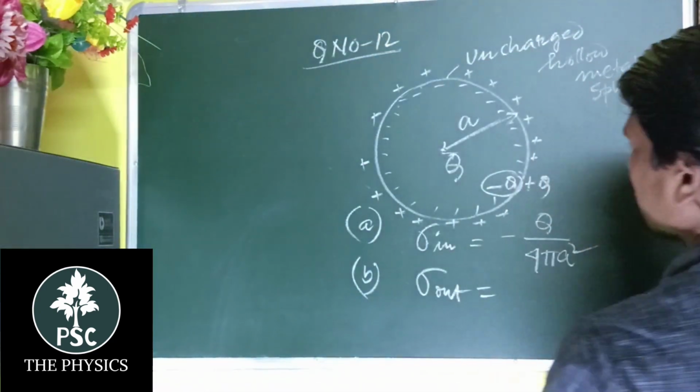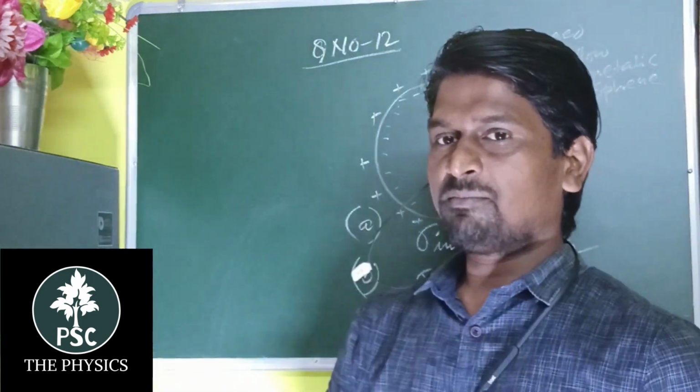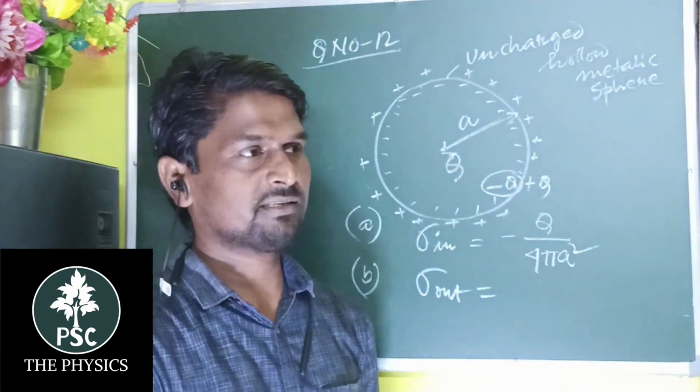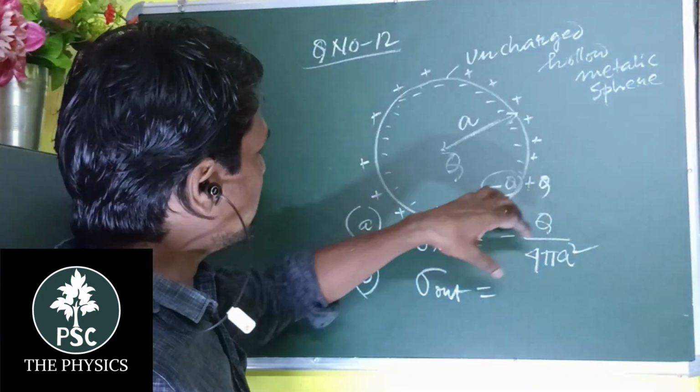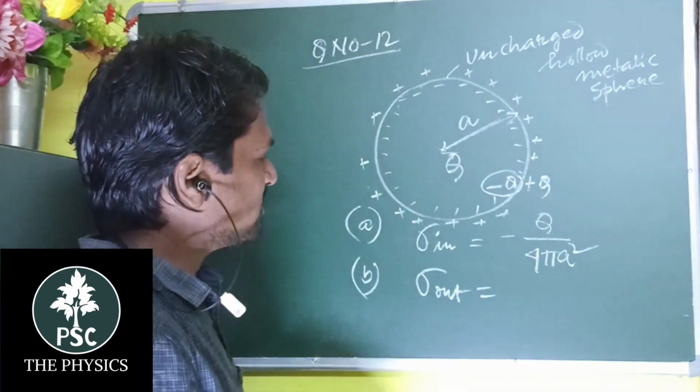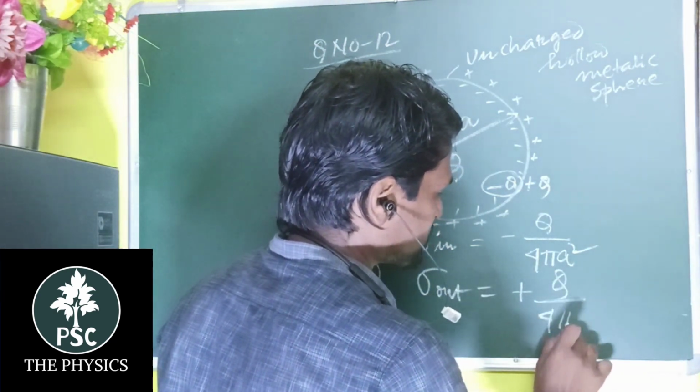It is a simple numerical, but the concept is of great importance. This plus Q is uniformly distributed over the sphere, so it is plus Q by 4 pi a square.